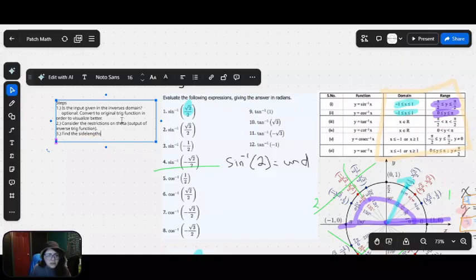So find the potential side lengths that go with, find the side lengths on the unit circle. Then find the theta that correlates with that side length.